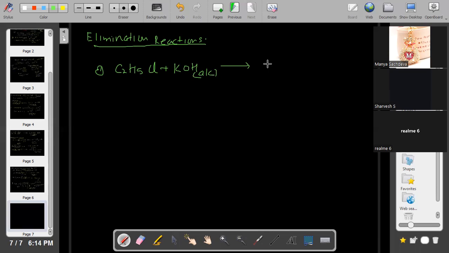You will get CH2 double bond CH2 plus KCl and H2O. So from this, beta hydrogen and alpha carbon chlorine move out. So that is called beta elimination. Now I will explain what beta elimination is.